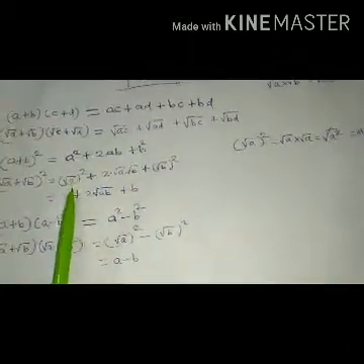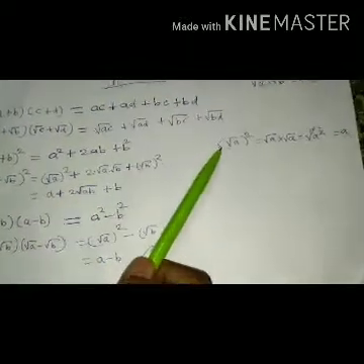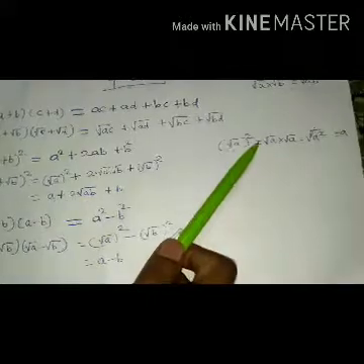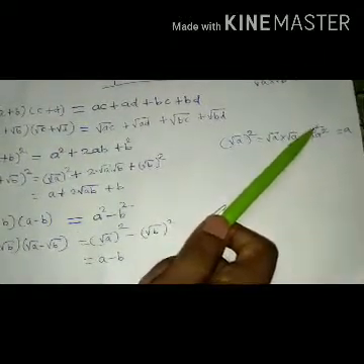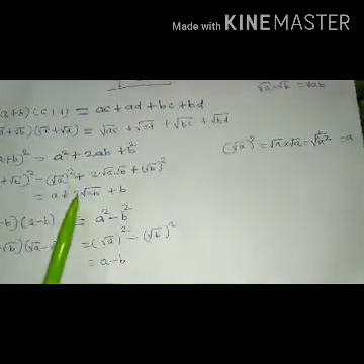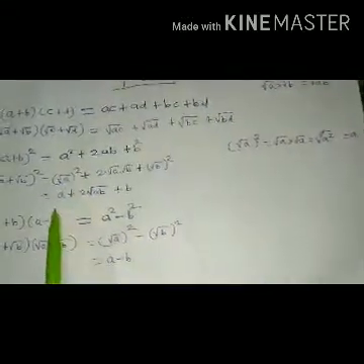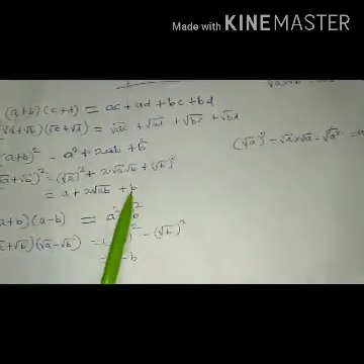If you multiply √a two times, we get a. Here, (√a)² means √a into √a, which is equal to the square root of a², so the root sign and the square get cancelled, we are left with a. Therefore (√a + √b)² is a + 2√(ab) + b.